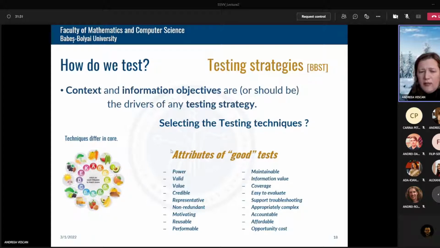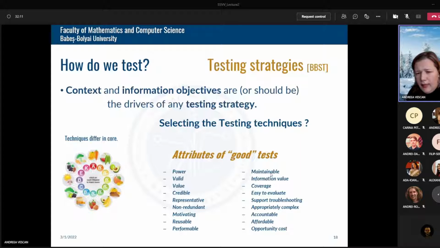benefits, let's say, right? Some of the testing techniques are powerful, being able to find critical bugs, for example. Some of them are credible, right? Because it means there are a lot of users, let's say, that will do those steps that you select in the test case. Or maybe some of the test cases are very reusable, if you talk about changes in the source code and you make a slight modification and you still need to check that the program behaves as intended, right?